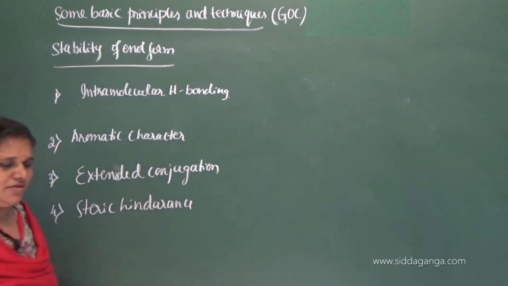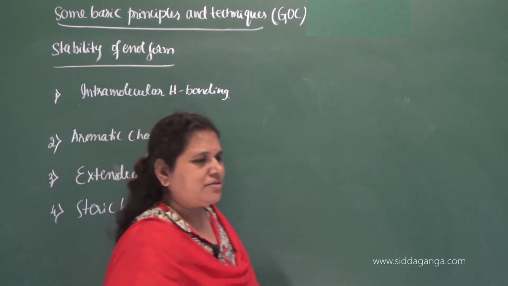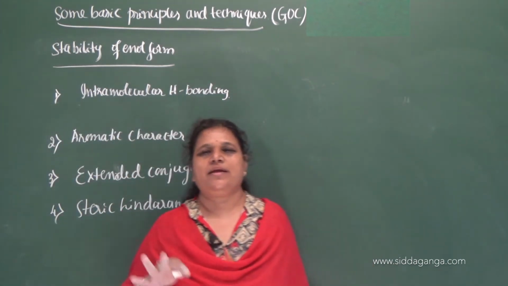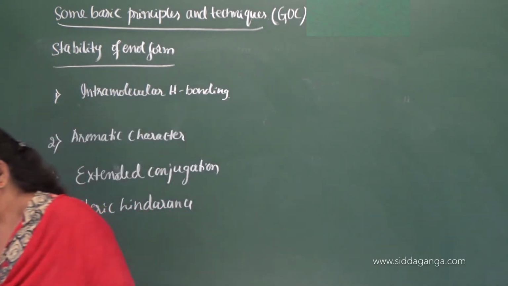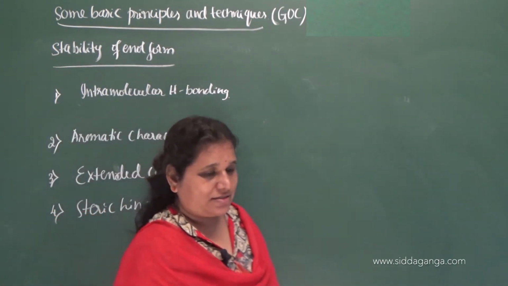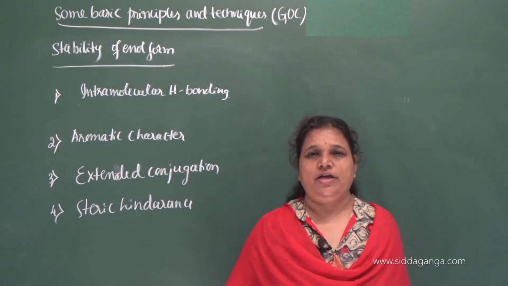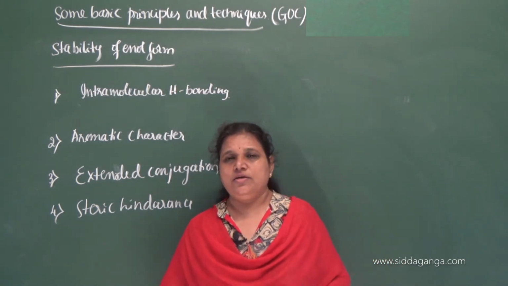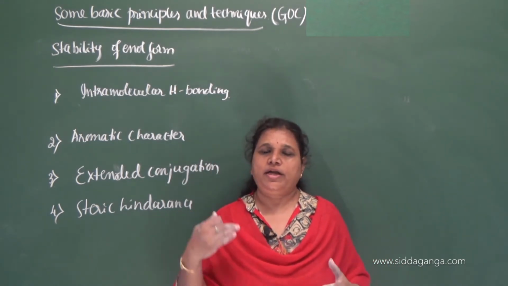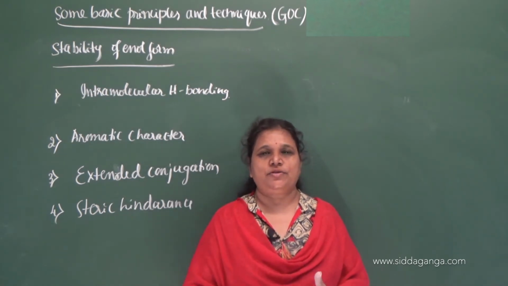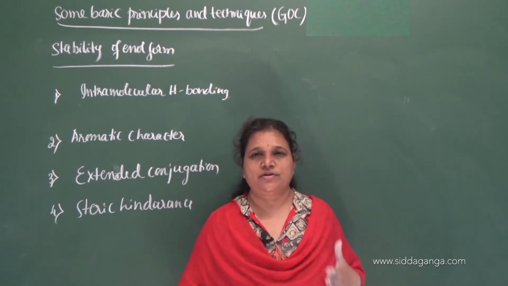Steric hindrance means the presence of bulky group may cause repulsion. Because of that repulsion, there may be a chance of increase in the percentage of enol form comparatively. So that all depends on what type of groups get attached to the carbonyl compounds or the functional group.